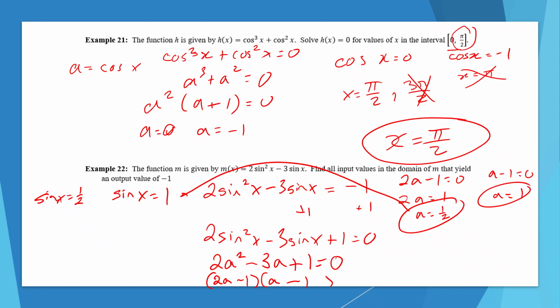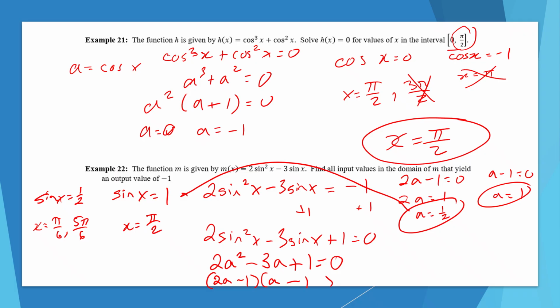So here we're going to first just solve between 0 and 2 pi. So this should be x equals, and then positive 1/2 at pi over 6 and 5 pi over 6, and then sine of x equals 1 at pi over 2 from the unit circle.